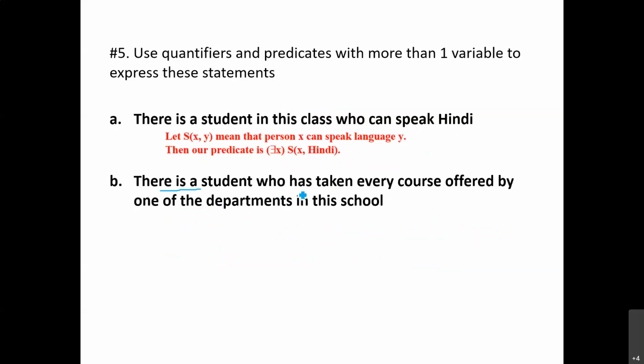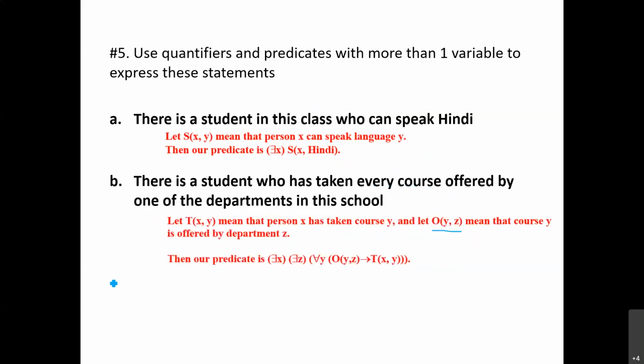There exists x, the student. There exists z, the department. For every y, if this department offers this course, then that means the student has taken it.